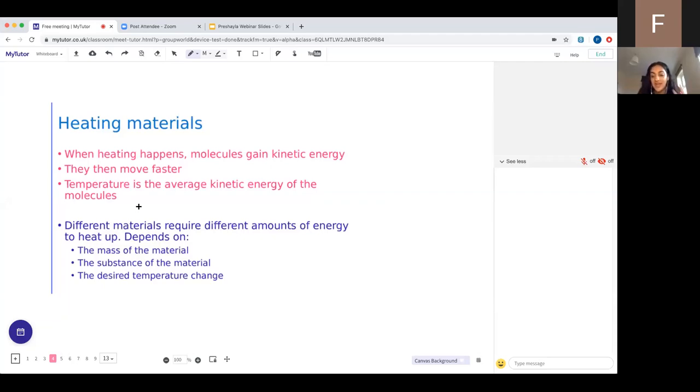Kinetic energy is directly related to speed, and we see that because of the equation for kinetic energy, which we went through yesterday, which is half mv squared. So we can see that kinetic energy relies on speed. If we have a higher kinetic energy, we have a higher speed, and vice versa. So the molecules move faster when we heat them.